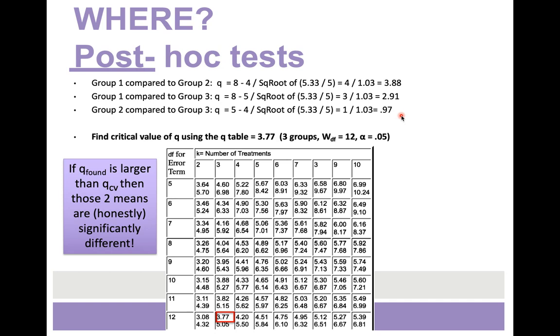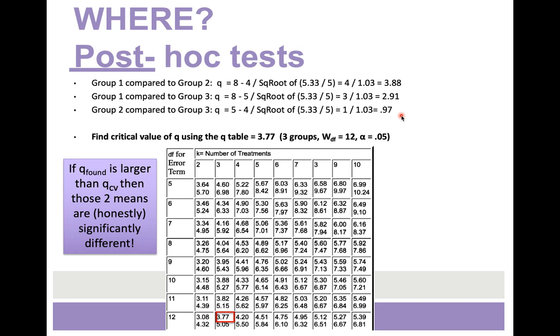So at this point, you will have a T table, an F table, and a Q table, and you'll need to be able to use all of them effectively. What the Q table does is it tells us what the critical Q value is for these post hoc comparisons.